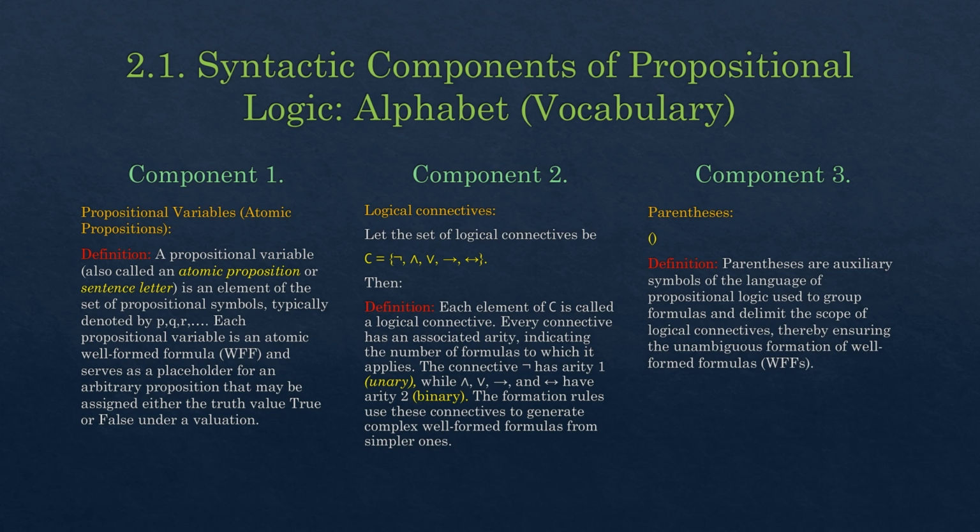And our last but not least component is parentheses. You can see the symbol below. And we can define this concept. Parentheses are auxiliary symbols of propositional logic used to group formulas and delimit the scope of logical connectives, thereby ensuring the unambiguous formation of well-formed formulas.